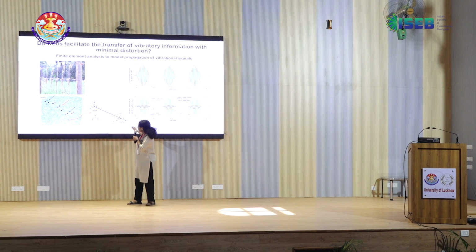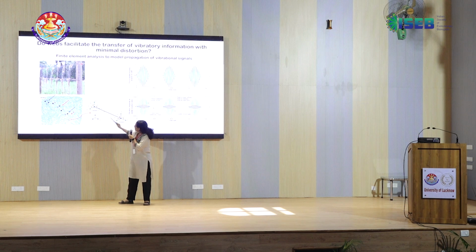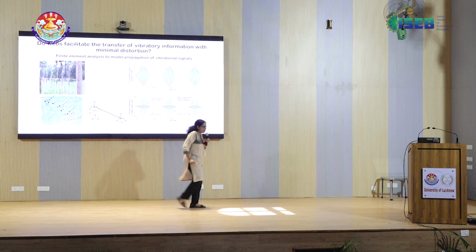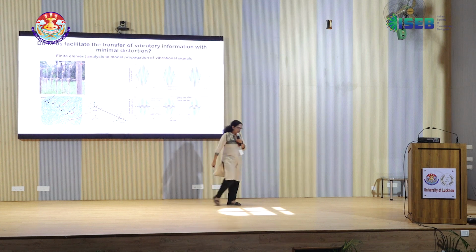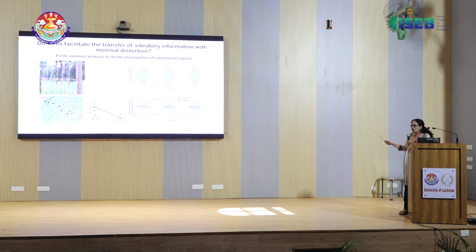You have the element, which is a strand of your silk, connected by 2 nodes. These 2 nodes can move or respond to vibrations along the translational and the rotational planes. That is what deforms the web when a prey intercepts the web, and the web moves and so on.